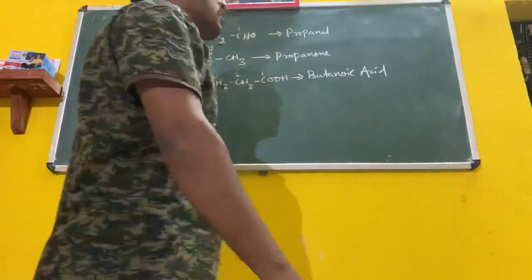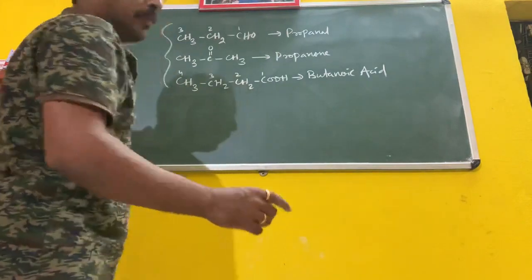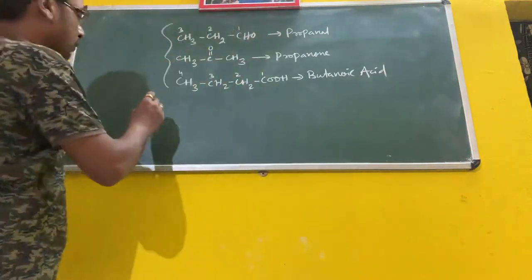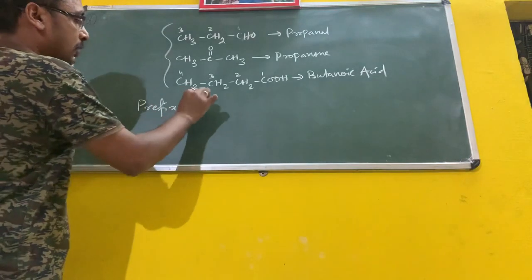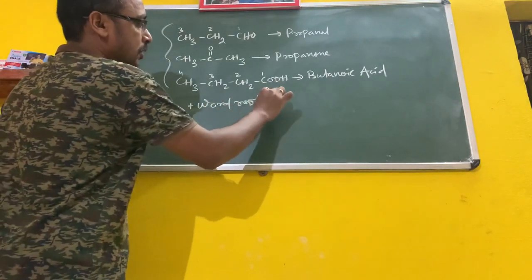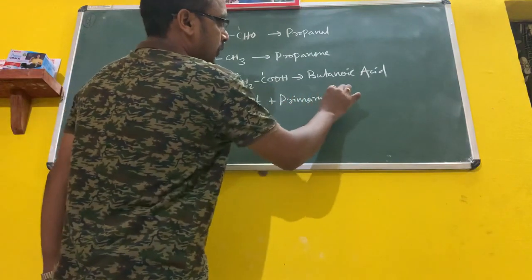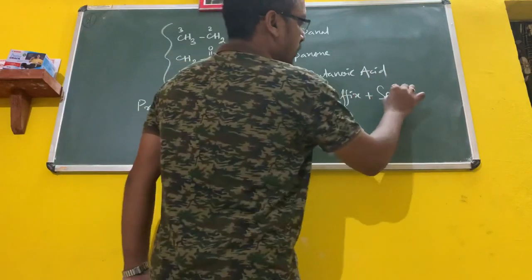If there is a mixed functional group, or a double bond, then, as you have read previously in class 11, there is a formula: prefix plus word root plus primary suffix plus secondary suffix.